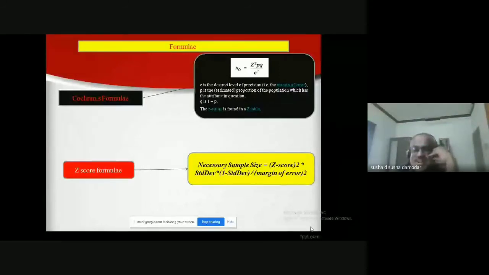So here, what is the error? Normally in social science, we fix a 5% error, 5% level of significance. When we test the hypothesis, there may be the possibility of error. We fix at 5% or 1%. But in social science, we fix 5%.